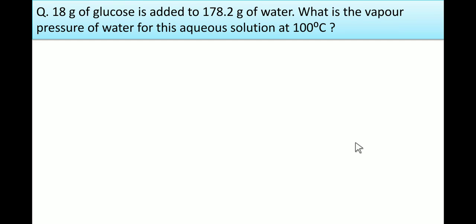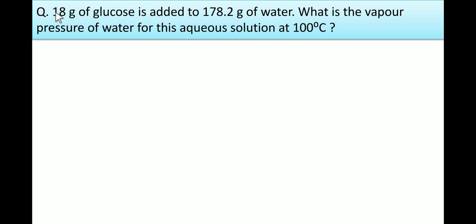Now we see one numerical problem on Raoult's law. 18 gram of glucose is added to 178.2 gram of water. What is the vapor pressure of water for this aqueous solution at 100 degrees C?